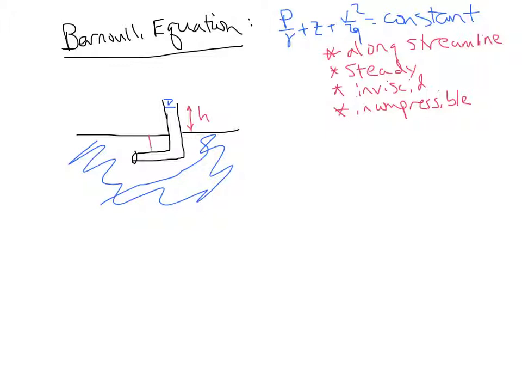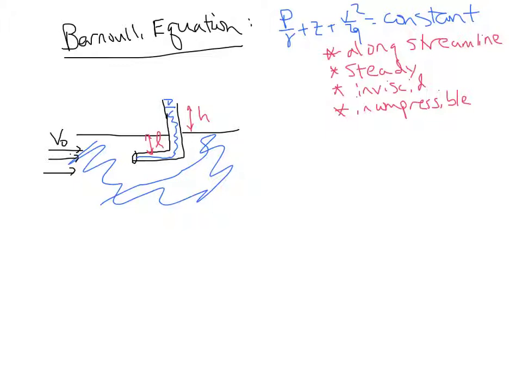Now the distance below the surface that the tube sits is L. Okay, so we have a fluid within the stagnation tube that is static and rises to some height h. Now the reason it rises is that we have flow approaching the tube at velocity V0.